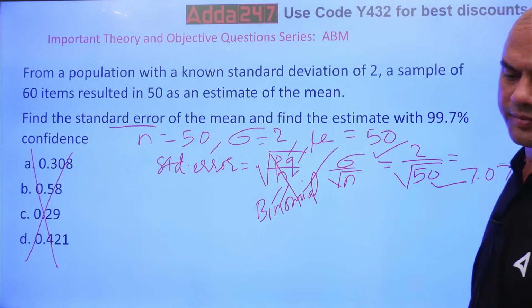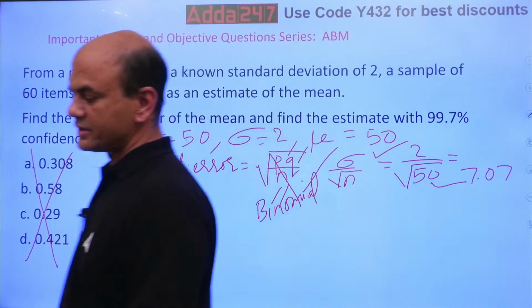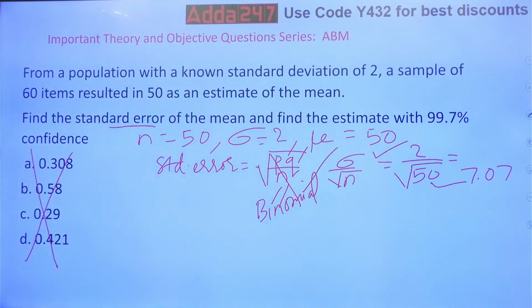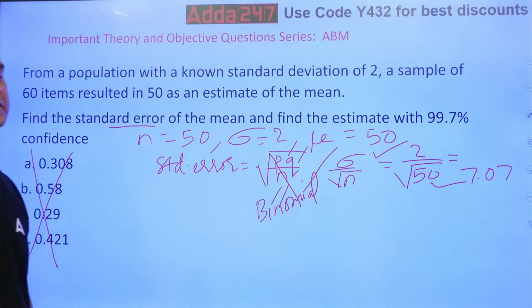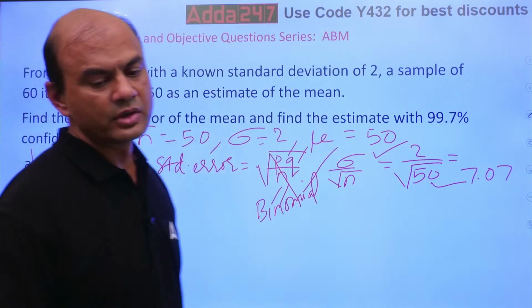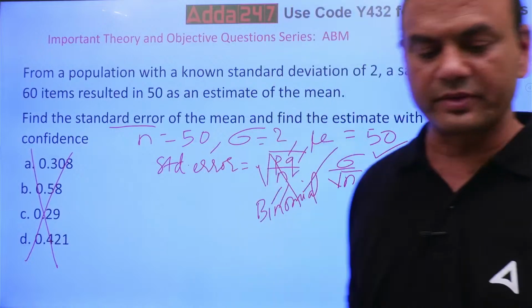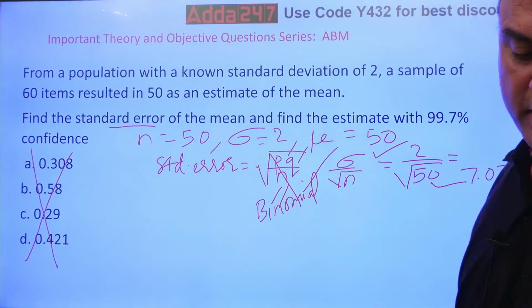Root of 50 is 7.07. Is everyone getting this? So 2 upon 7.07. Now do it, everyone give me the answer from your side.